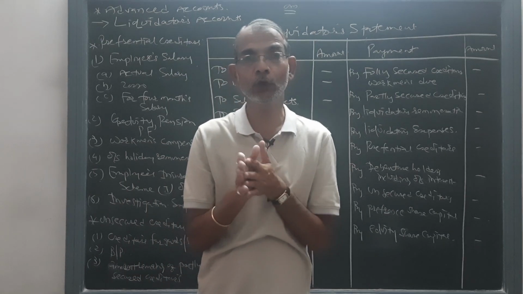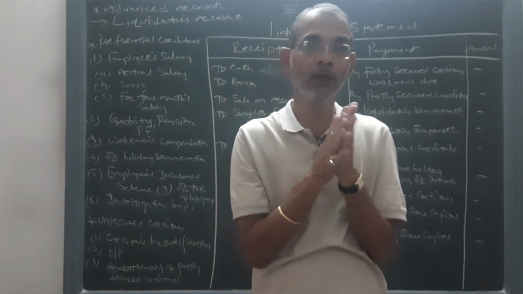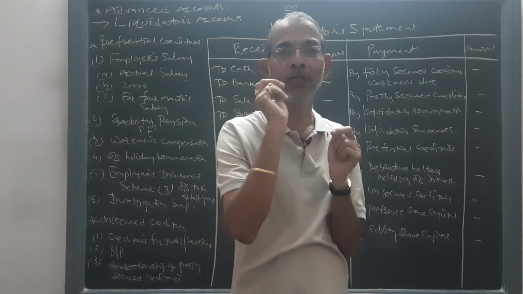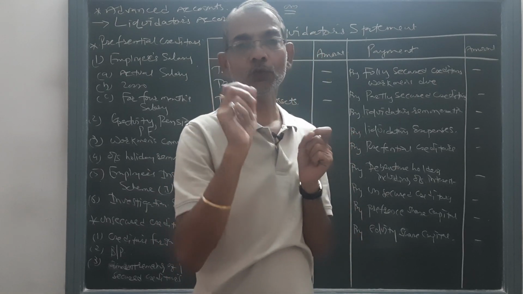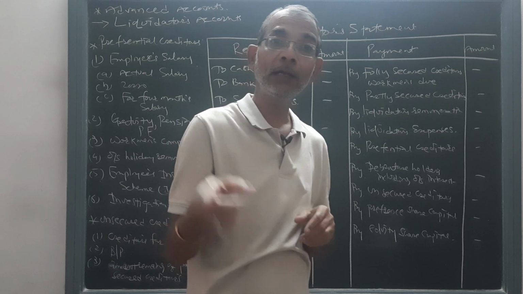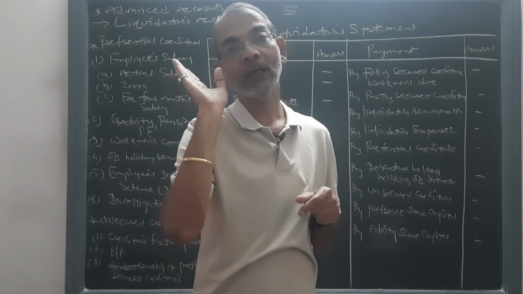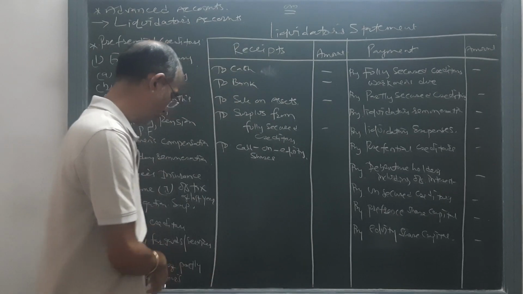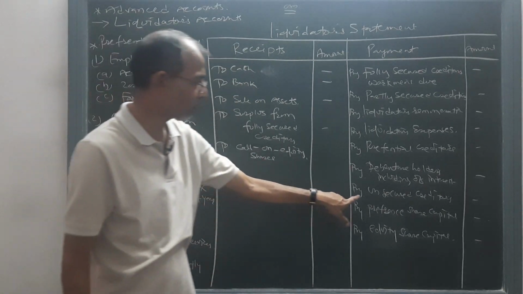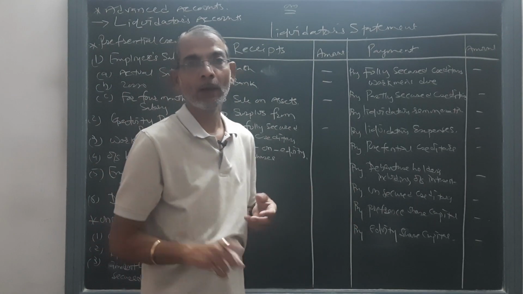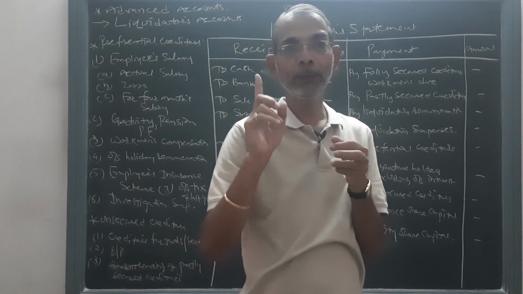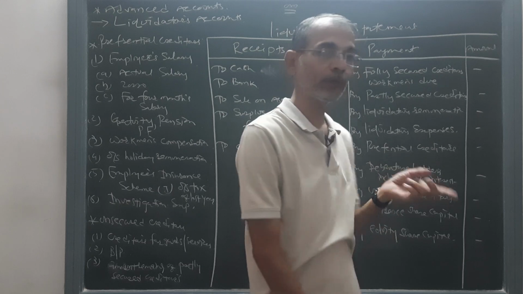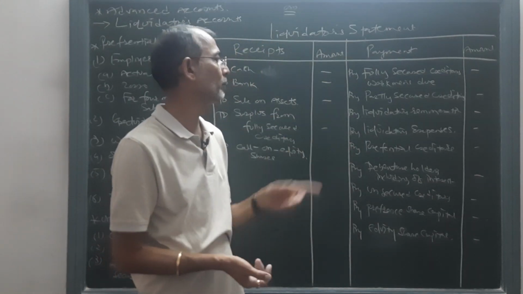Who are the partly secured creditors? Suppose the bank has sanctioned a loan of rupees 10 lakh and the bank has a mortgage on stock of 5 lakh. Then the remaining 5 lakh is partly secured, that means unsecured, and that will be included when payment to unsecured creditors is made. So the bank will be paid 5 lakh and the remaining 5 lakh will be paid when the turn of unsecured creditors comes.